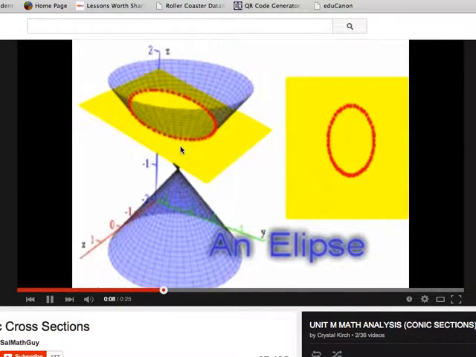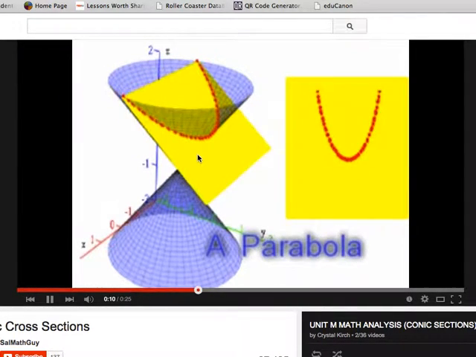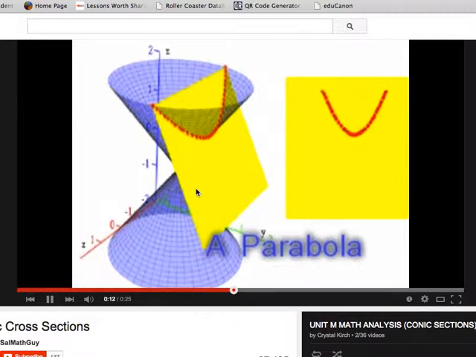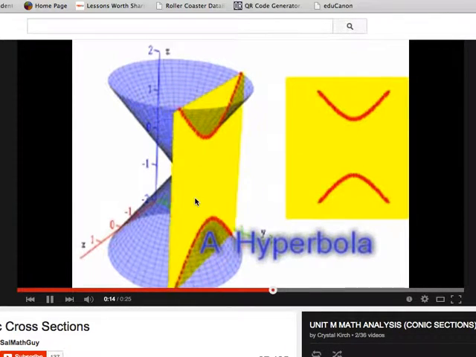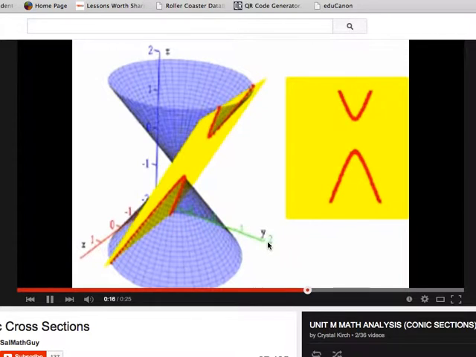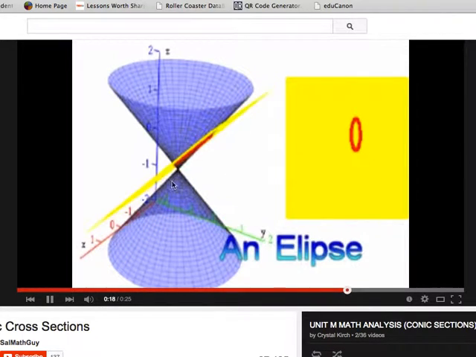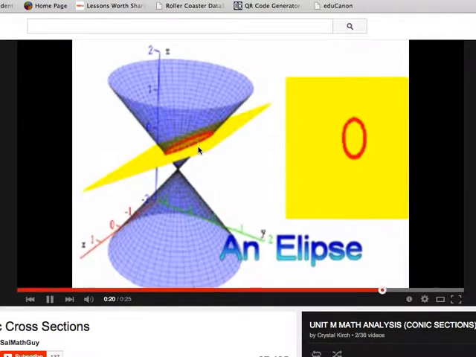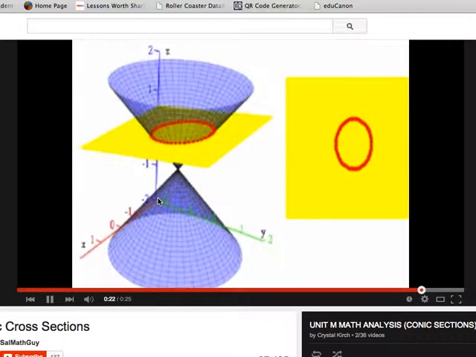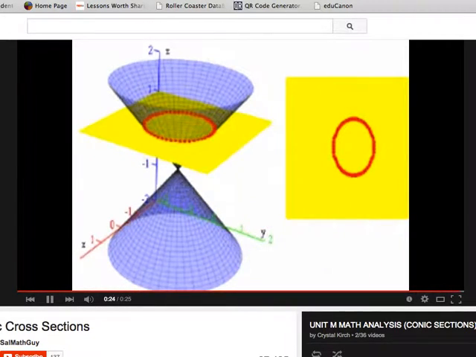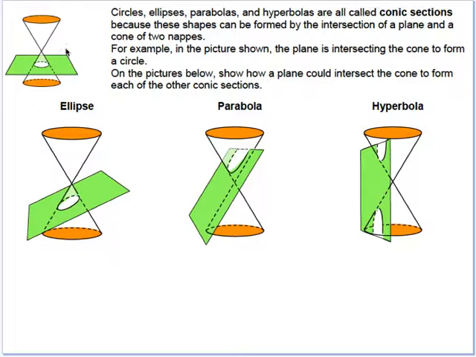Here we have a circle, then an ellipse, then a parabola, and then as the angle is changing, you come into a hyperbola, and then basically we get a line, and then eventually an ellipse again, and then back to a circle. So that's what we're getting when we cut the cones with a plane at some angle: a circle, an ellipse, a parabola, and then a hyperbola.